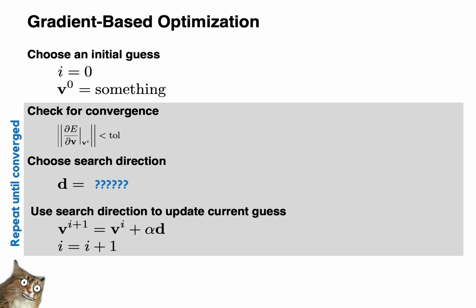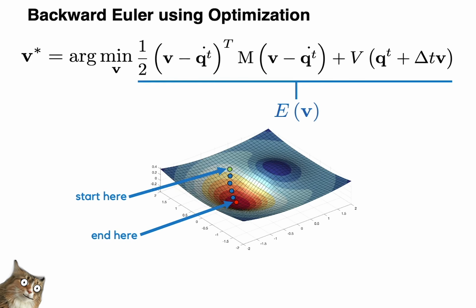In optimization, we call this proportionality constant, here denoted by alpha, the step size, though it gets different names in different fields. Gradient-based optimization algorithms iteratively build a path between our initial guess and a local minimum of our cost function. The path that gets built depends on the exact nature of the algorithm.